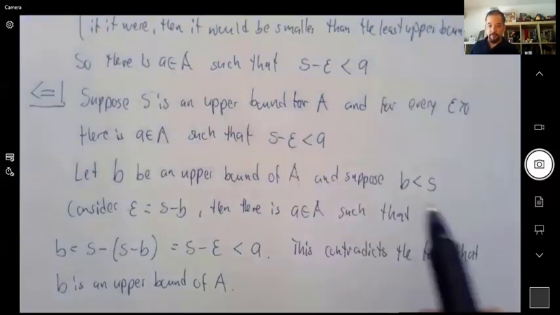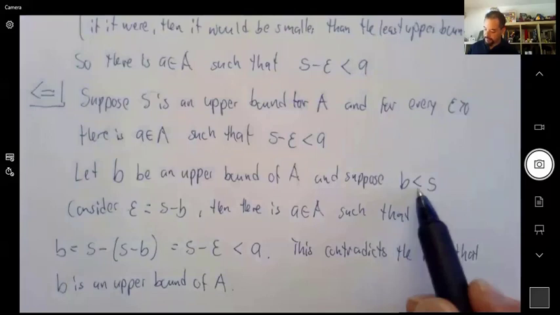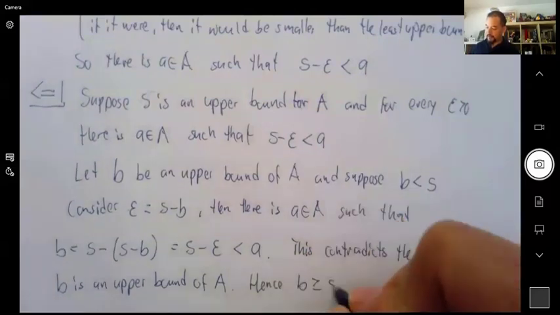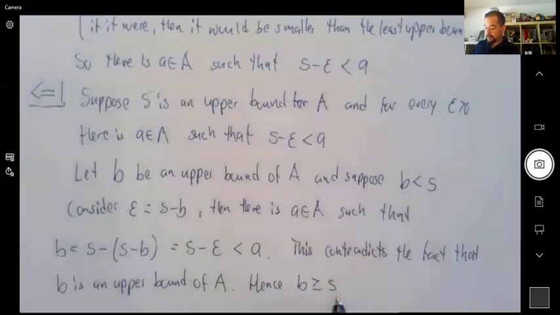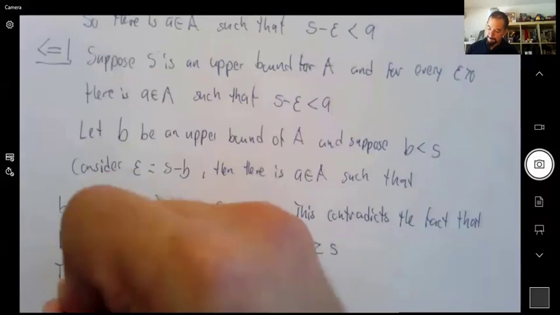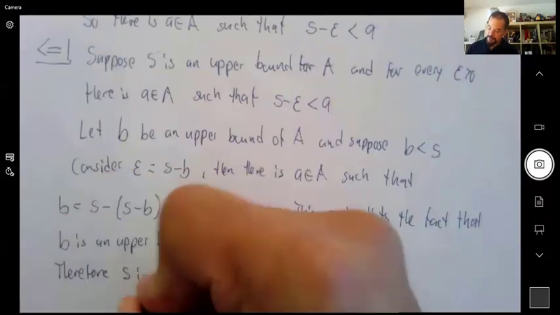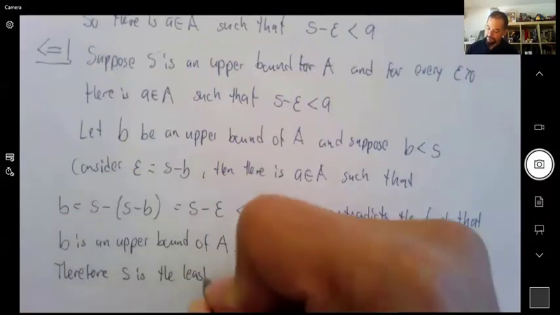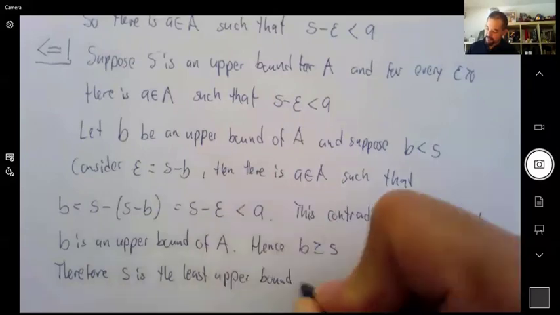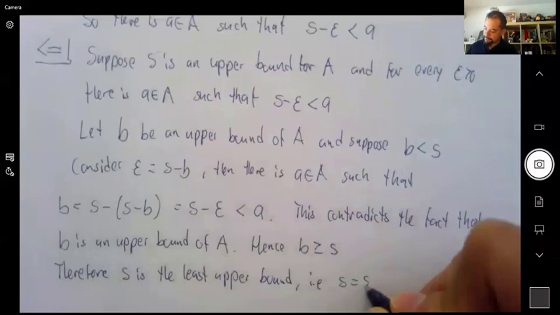To this supposition that B is less than S. So therefore, B is greater than or equal to S. And then that means S is not only an upper bound, but it is the least of the upper bounds because it's smaller than any other upper bound. Therefore, S is the least upper bound, which means it's the supremum.